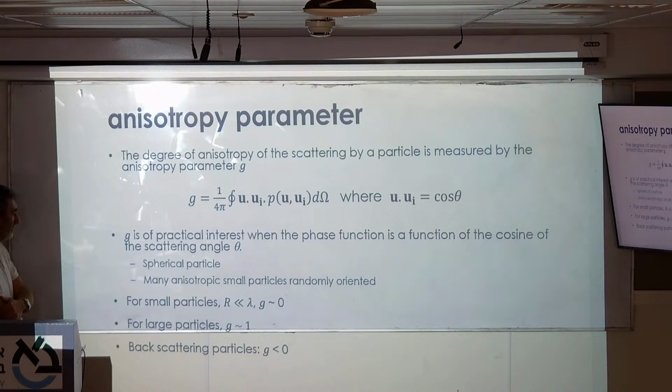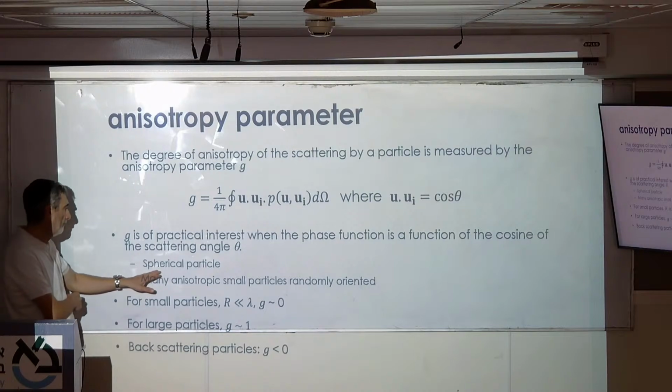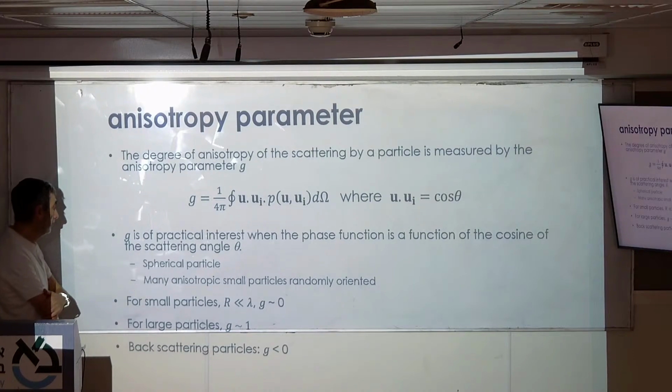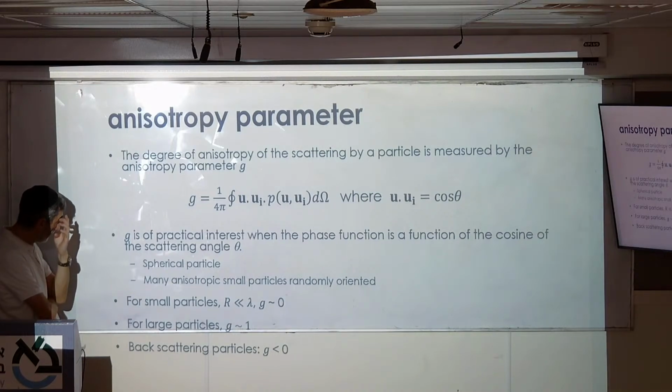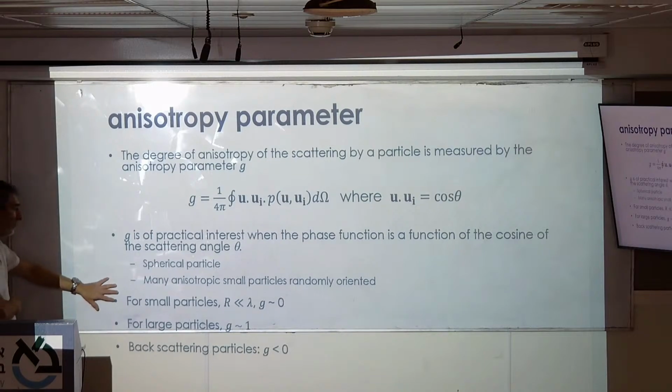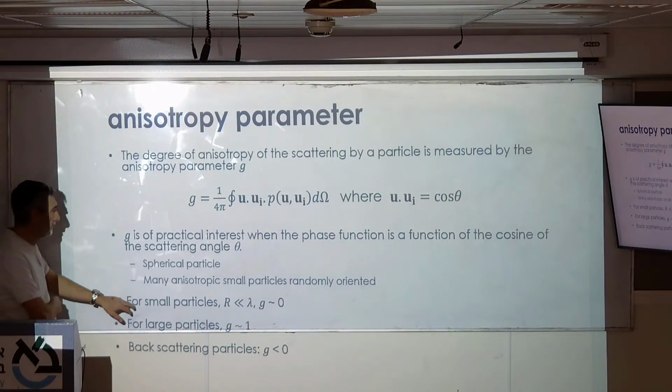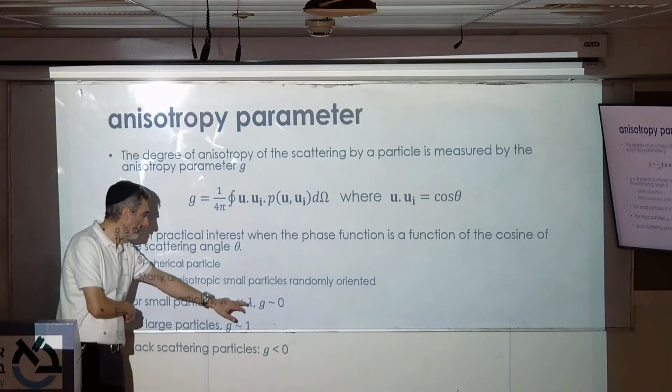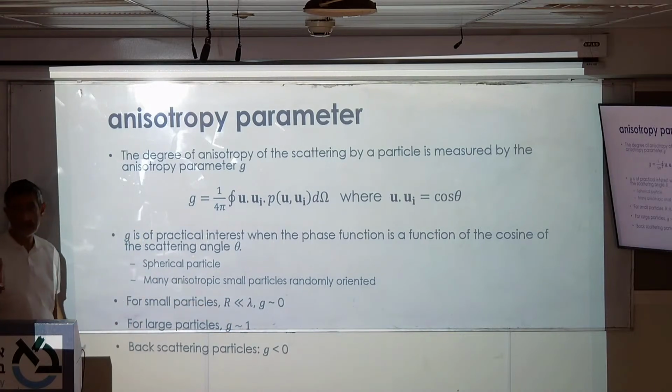You have light scattered in all directions. This is called the Rayleigh scattering by a very small particle. That's what we tested in the second calculation we did, a very small particle. In that case, the anisotropy is 0.